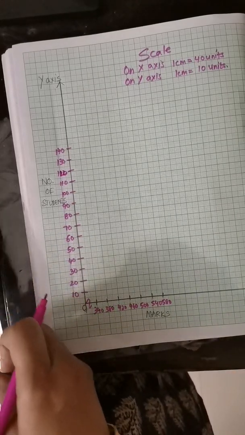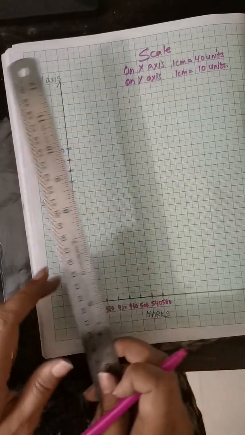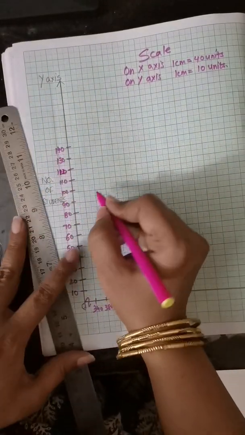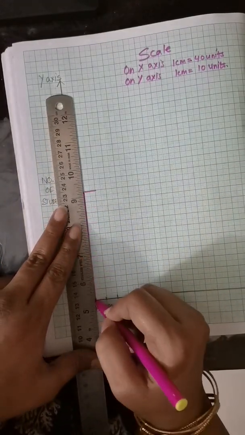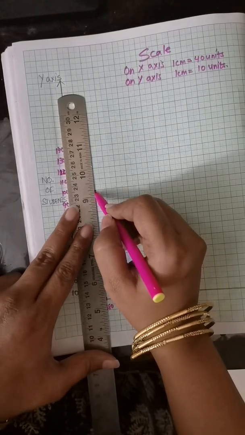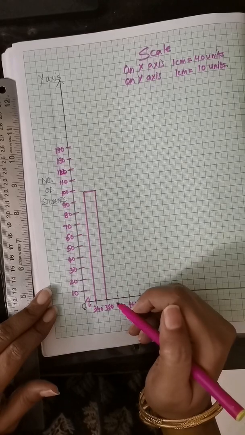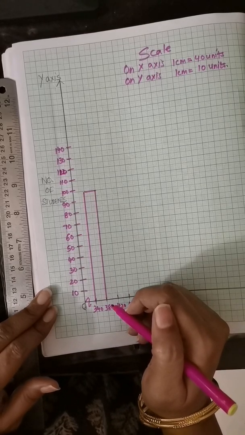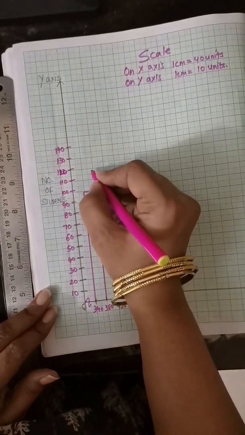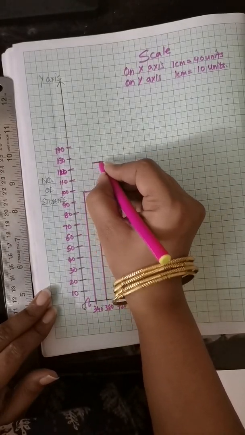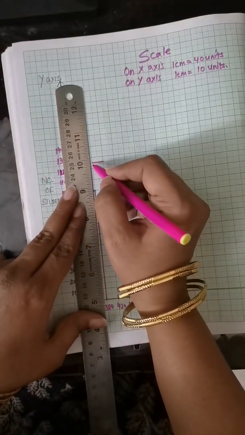Okay, now we will construct a histogram. So first one is 340 to 380, frequency is 100. So we will draw a bar at 100. Okay, next. Second, it is 125. So after 120, we will take half between 120 and 130, that will be 125.